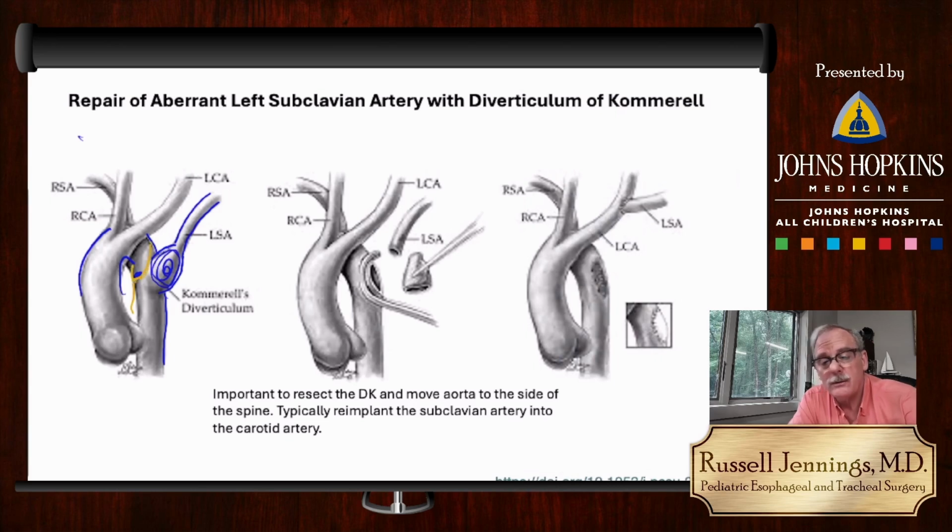And on the right arch, the recurrent laryngeal nerve always goes around the right arch. So in this case, we're going to have the vagus nerve coming down, and I can't really show it on this picture, but the recurrent laryngeal nerve is going to be wrapping around the arch right in that area.